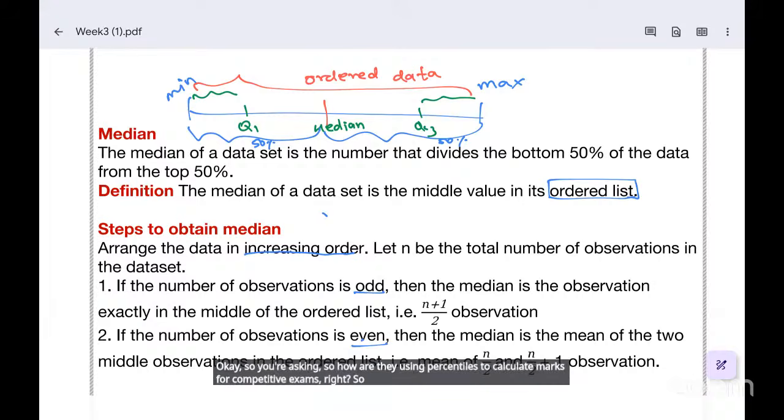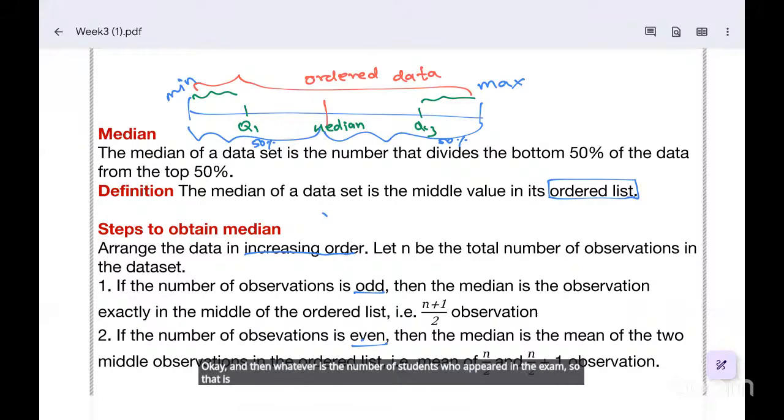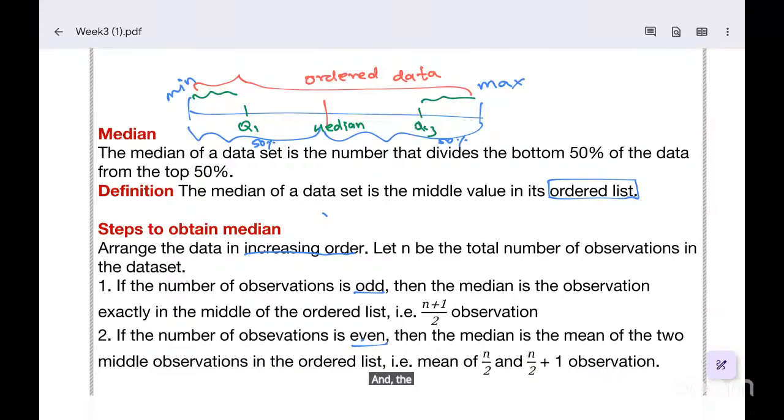Here the data set is going to be the marks of all the students. Whatever is the number of students who appeared in the exam is going to be your N, and whatever percentile is going to appear is based on the N and the value, your score.